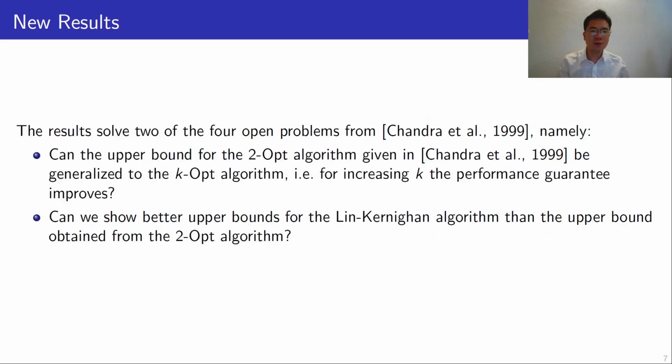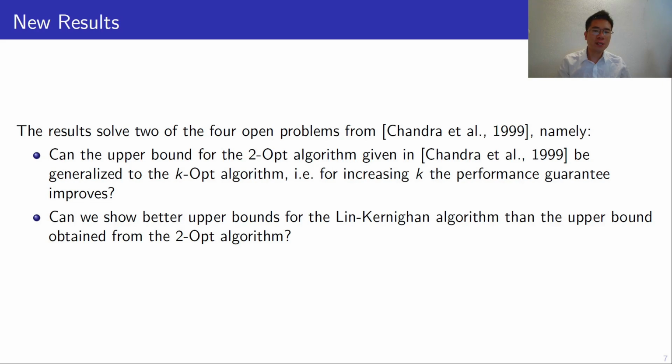With these results, we solved 2 of the 4 open problems from the Chandra paper, from which many lower and upper bounds previously known originate. Namely, can the upper bound of the 2-opt algorithm given in the paper be generalized to the k-opt algorithm so that for increasing k, the performance guarantee improves?